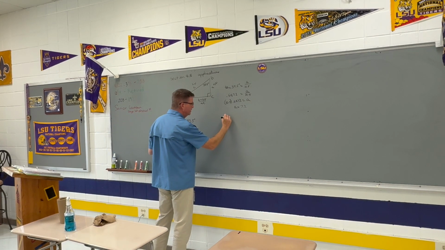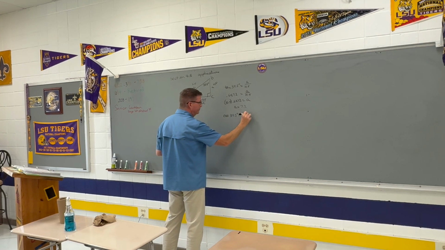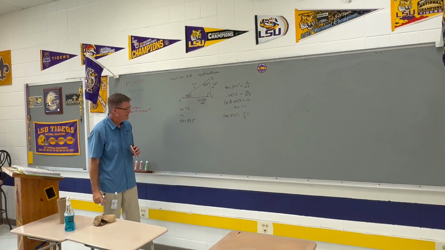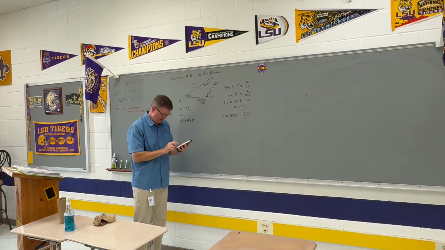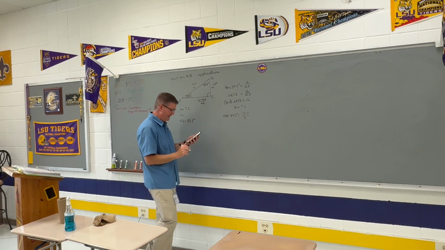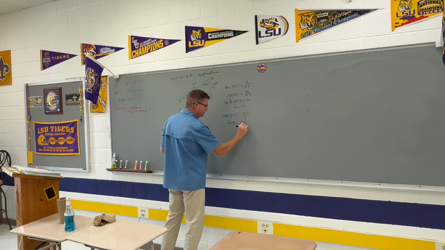So cosine of 34.5 degrees is equal to 10.5 over c. Cosine of 34.5 gives 0.8241. That's equal to 10.5 over c.